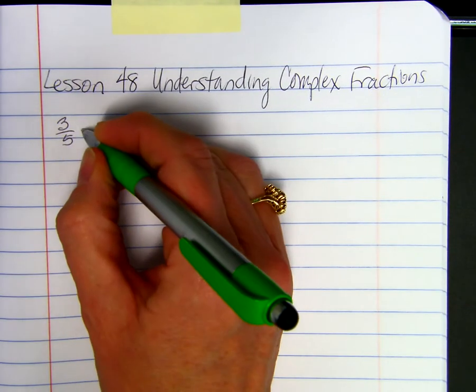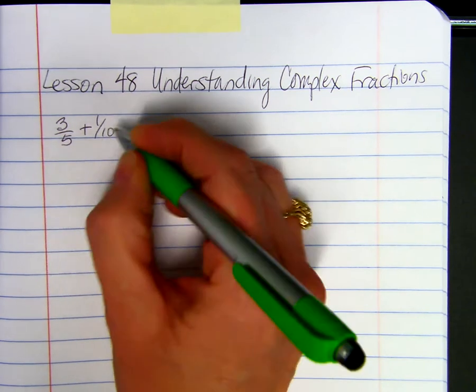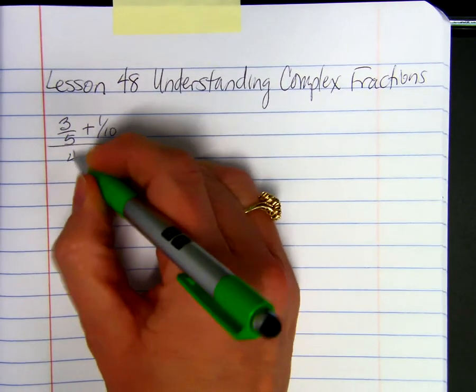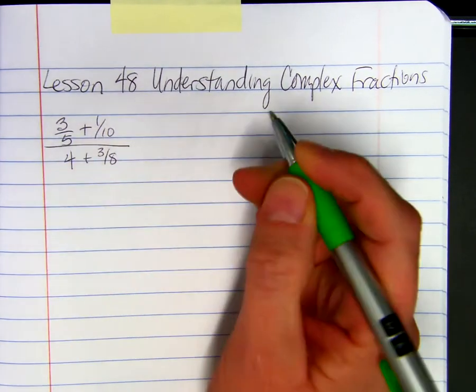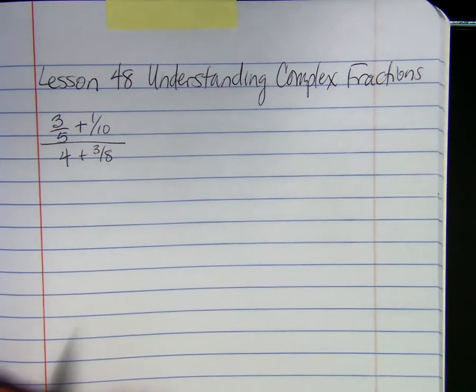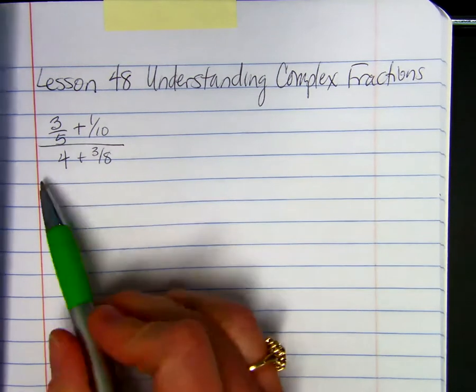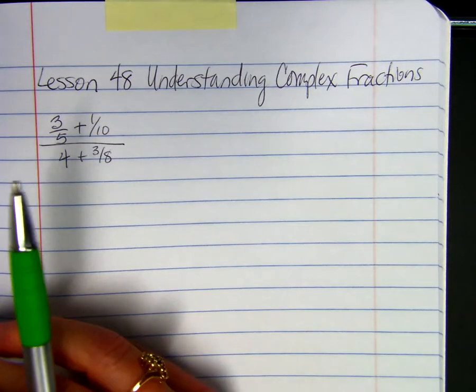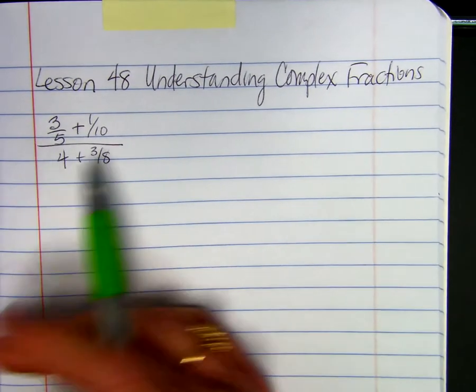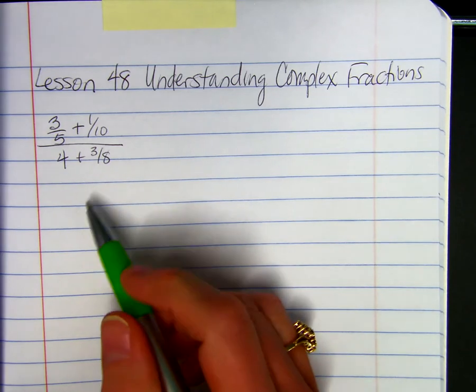So if we have 3/5 plus 1/10 all divided by 4 plus 3/8. In order to simplify this, we have to simplify the numerator and the denominator, and then we can divide.